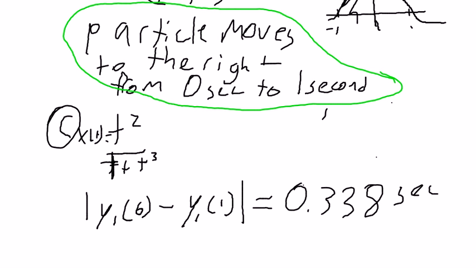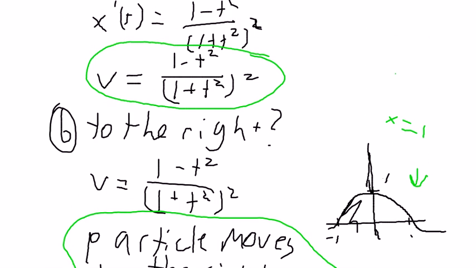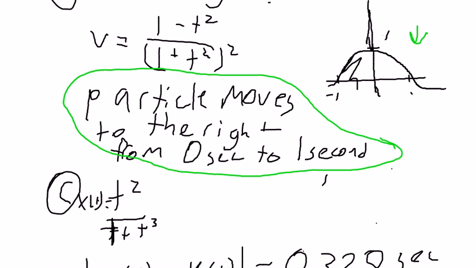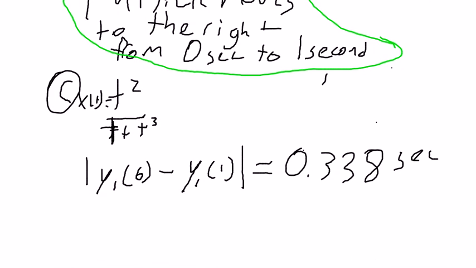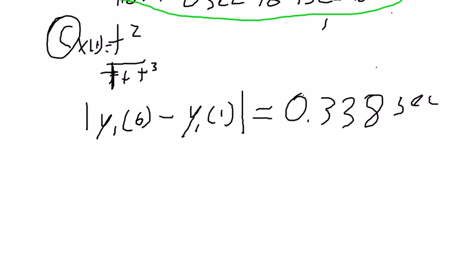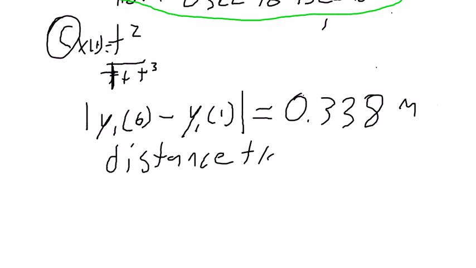And I forgot up here the velocity to write meters per second, which you need. So then we know that the total distance, that's wrong, it's supposed to be meters. So the distance traveled is 0.338 meters. Circle this.